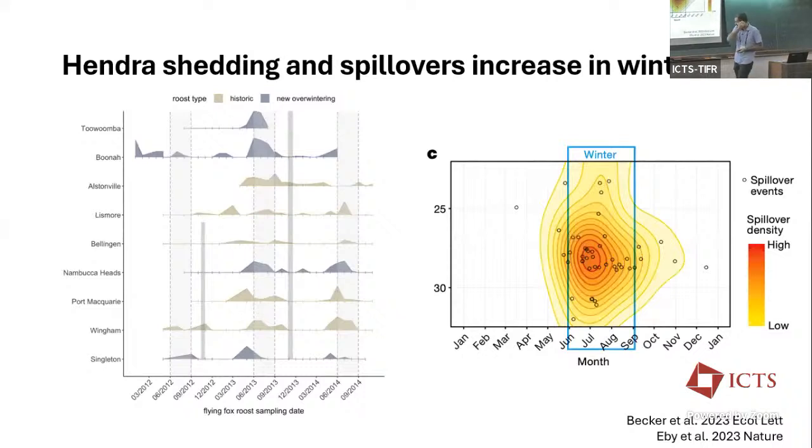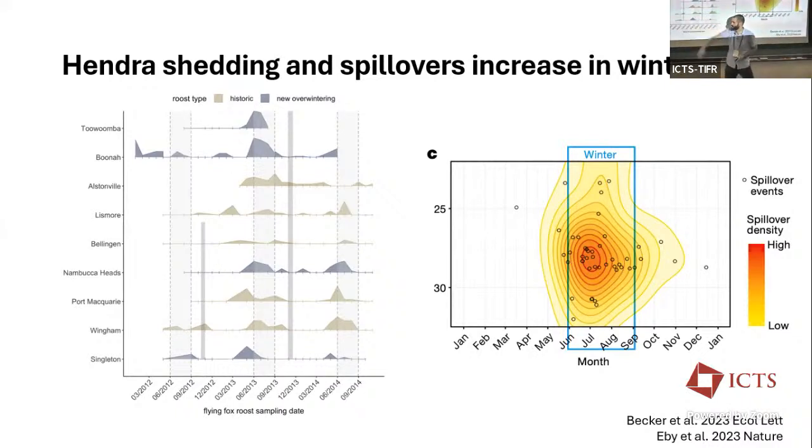Something about the general biology of Hendra virus is that all of the shedding and all of the spillovers really seem to cluster in winter. Reina and her team have been monitoring multiple populations of Pteropus bats in Eastern Australia since the early 2000s when they started doing this work, but the monitoring I'm showing here has been going on since 2012.